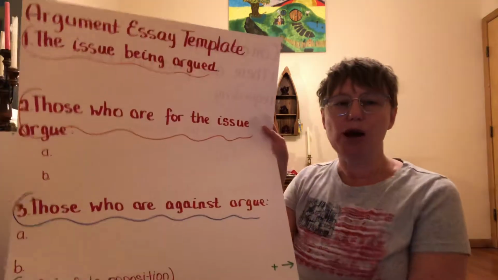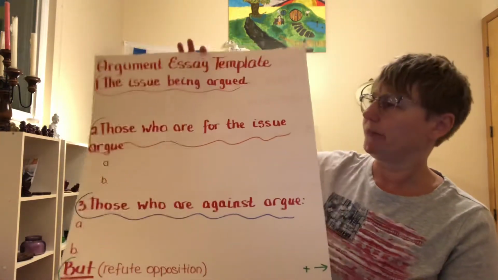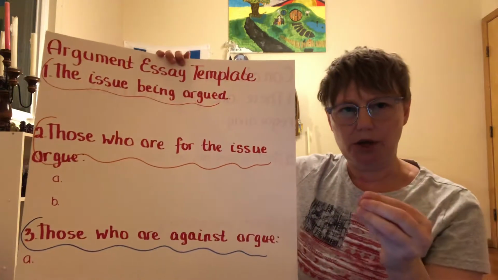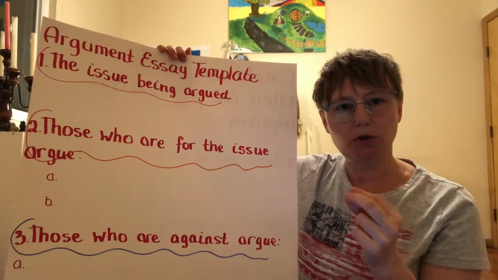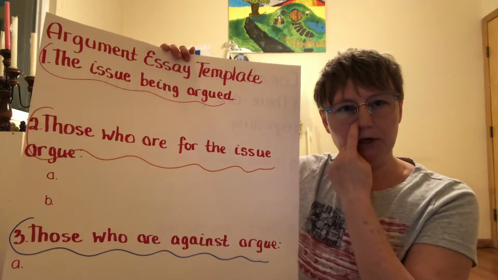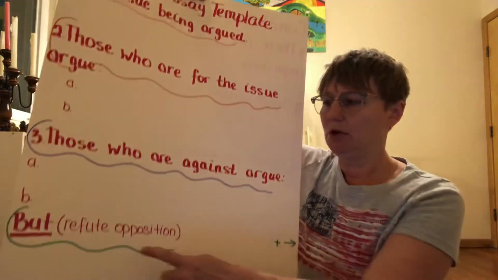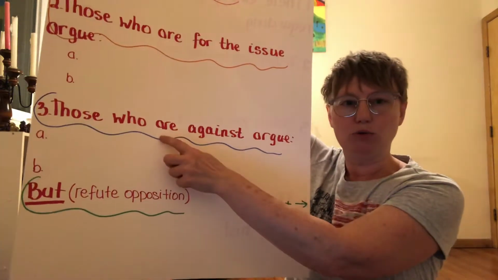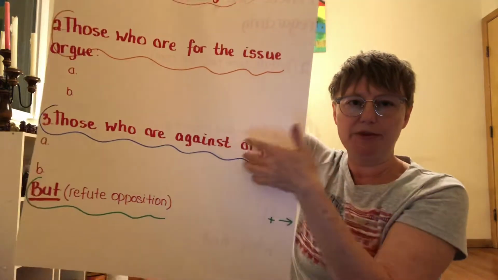And that's how your structure is supposed to look in every argumentative writing. So you will need to produce the introduction to the issue. You will need to produce the arguments of the first group of people. The second group of people, you will refute here those who argue with the first group. So you're going to support the first one, not the second.